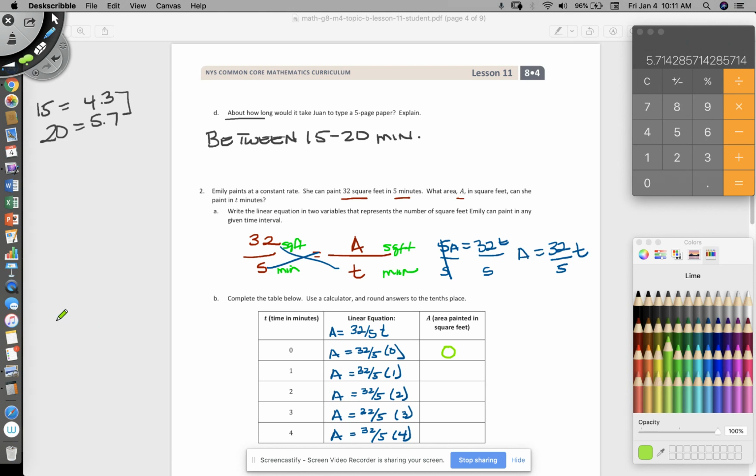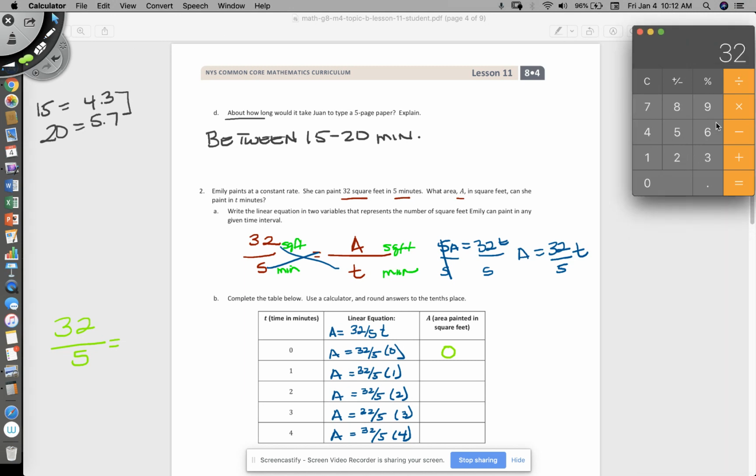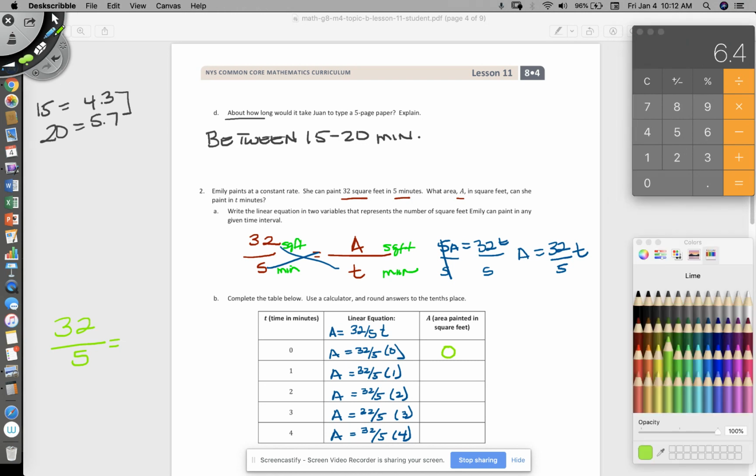I want to find out what 32 divided by 5 comes out to. So 32 divided by 5 gives me 6.4. This way I don't have to keep dividing that out each and every time. I can just say 6.4, and multiply that by all my t values.